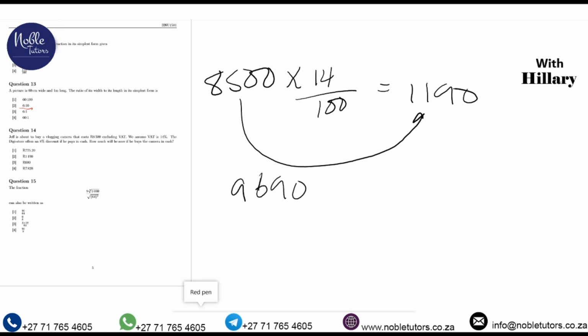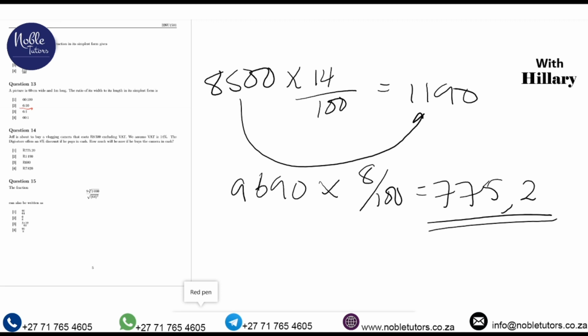So the price of the camera is 9,690, but you are going to receive a discount of 8%, which is 8 over 100. So your discount will be 775 Rand and 20 cents. 775.2 Rands. That's your discount.